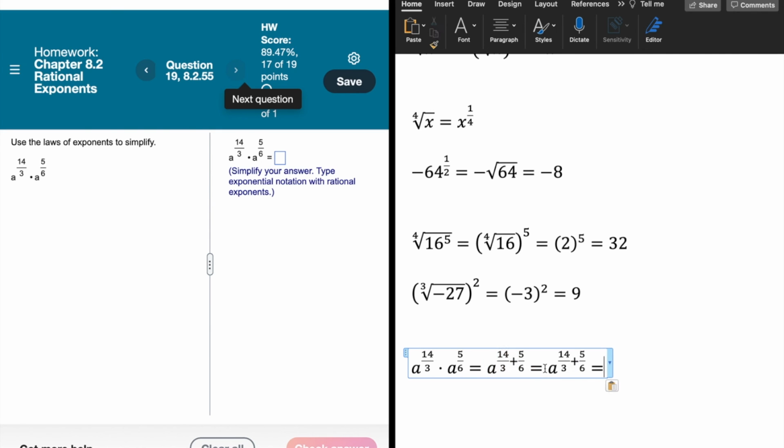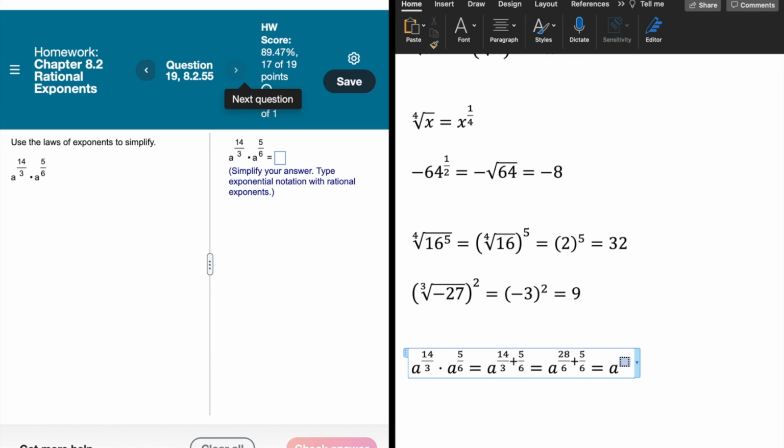Well, 3 and 6 share 6, or that's the least common multiple between both of them. So I simply need to multiply 14/3 by 2/2. If I do that, I'm going to get 28/6. Right? So again, 28 is just 14 times 2. 6 is just 3 times 2. So all I did was multiply this by 2/2. I didn't change its value, I just changed how it looks. But now I have a common denominator, so I can add my numerators.